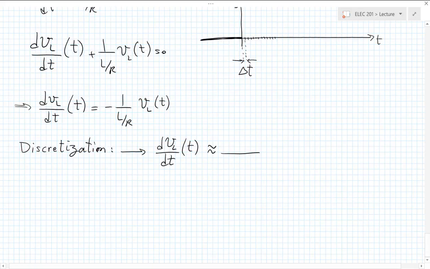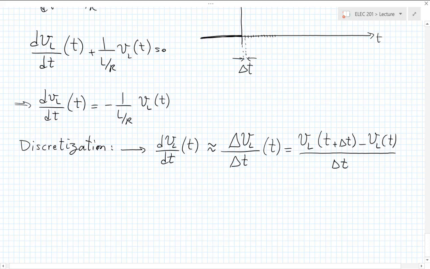It's the rate of change, right? So I take the difference in the value of the function between 2 points and divide it by the time that distinguishes the 2 points, right? So it's delta v by delta t in the limit, correct? So it's really delta VL by delta t at time t, approximately, which then would be, for instance, I could write it as this, VL of t plus delta t minus VL of t by delta t, right?